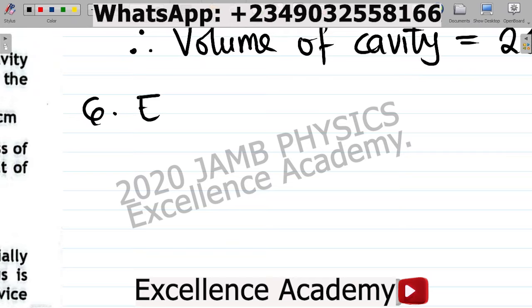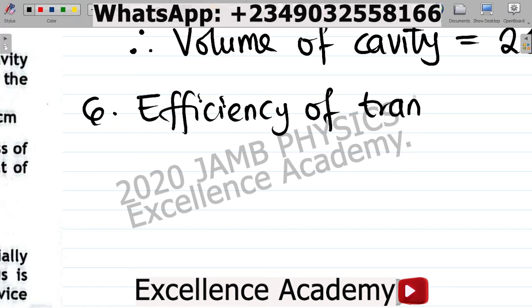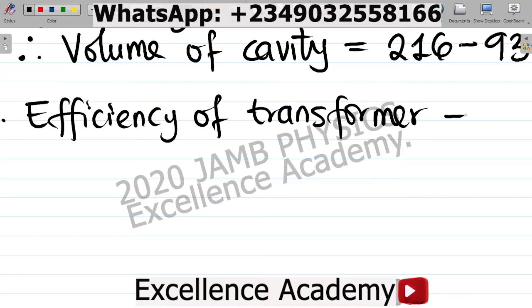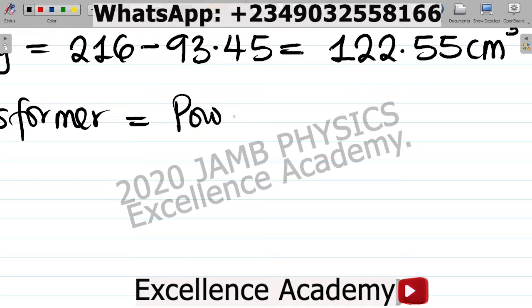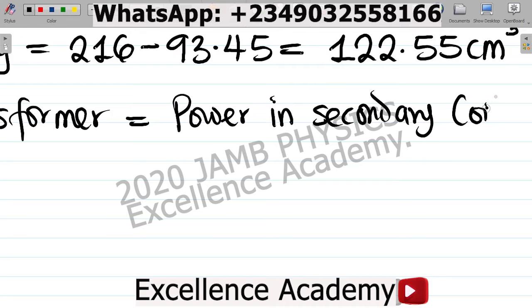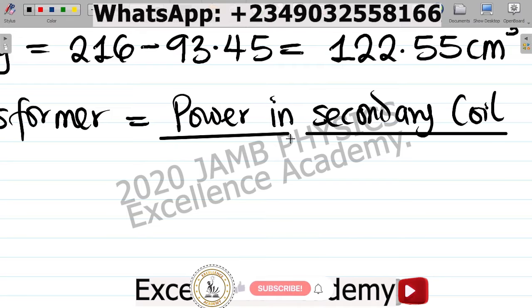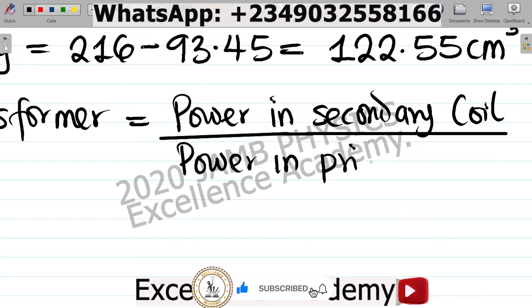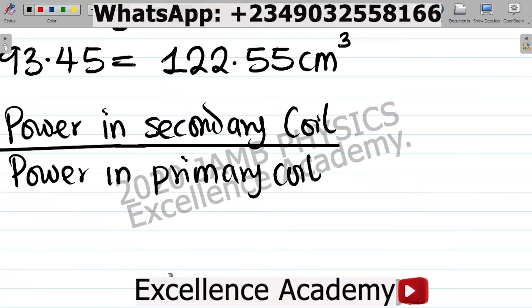Note that the efficiency of a transformer is equal to the power developed in the secondary coil, all over the power in the primary coil, times 100%, expressed as a percentage.